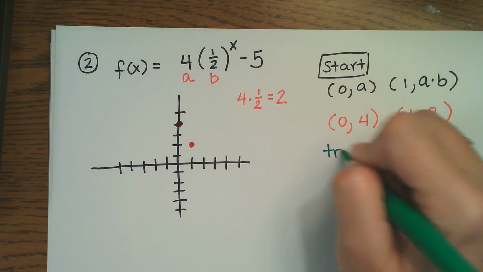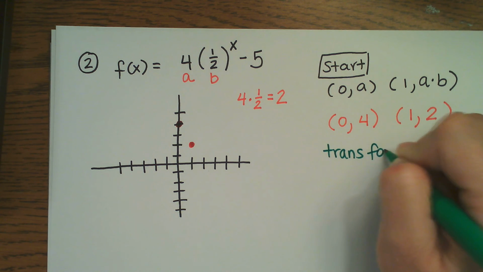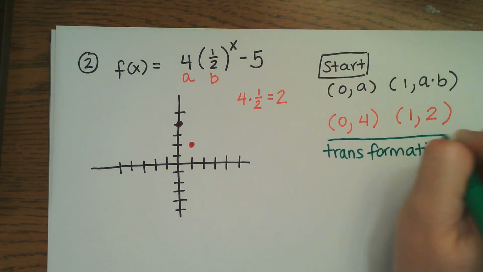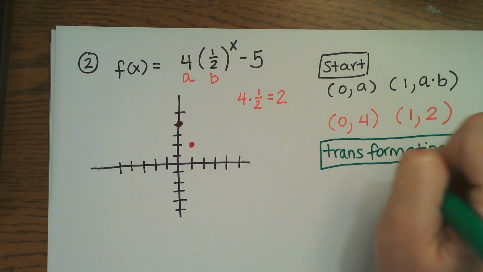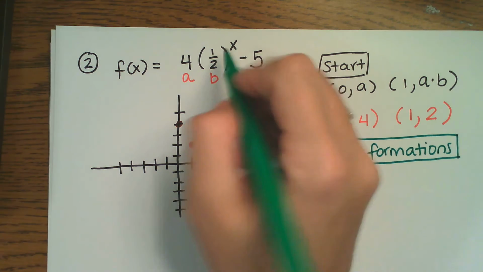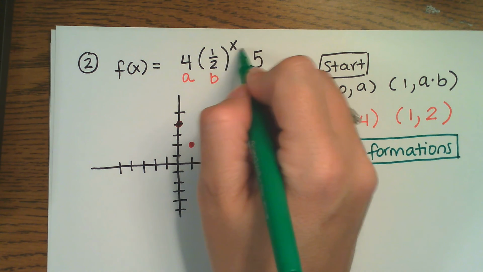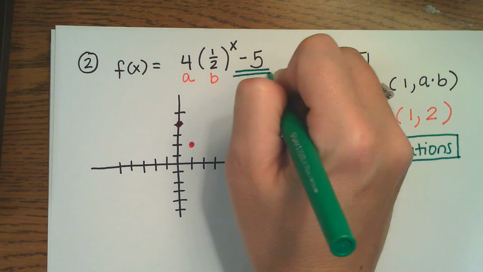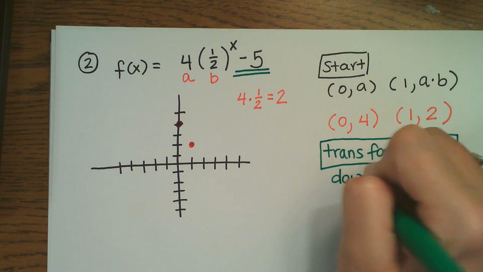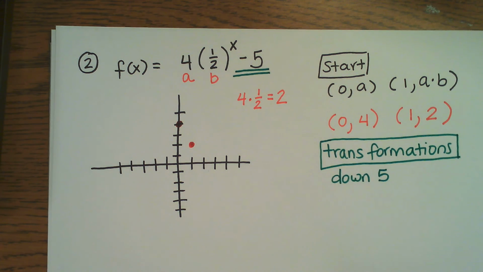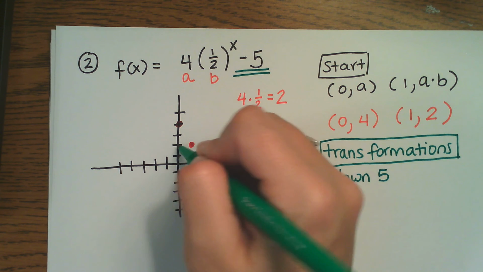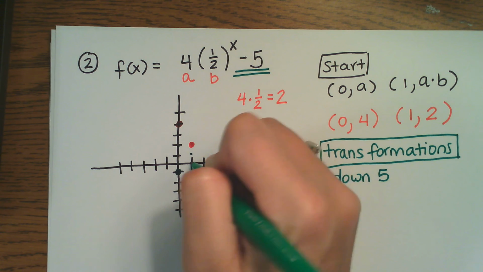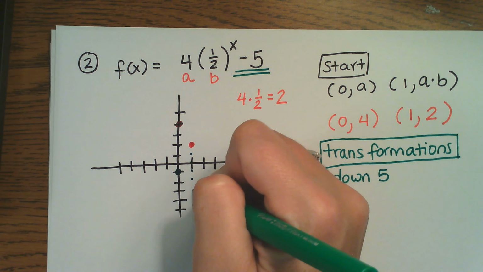To those points, we need to apply any transformations. There's nothing next to x leading us left or right, but we do have this -5 that's going to bring us down 5. So to each of those points, I'm going to go 1, 2, 3, 4, 5. 1, 2, 3, 4, 5.